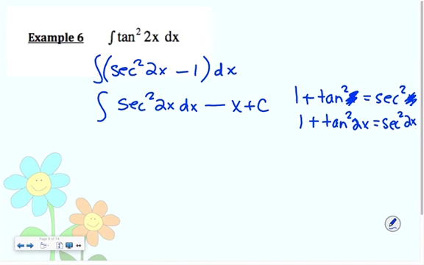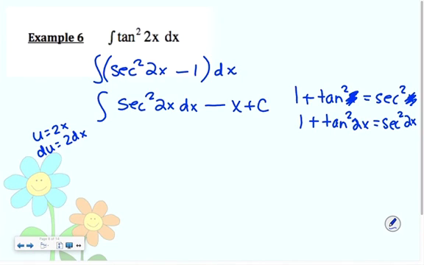So then what is the integral of secant squared of 2x? Not the ln, that's just the plain old secant when it's ln. It's the integral of secant squared. Tangent, yeah, okay.